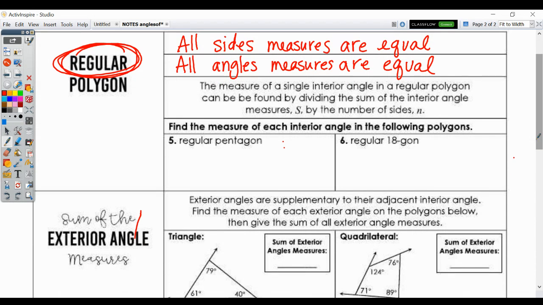Okay? So it wants me to find the measure of each angle in these polygons. The first one it tells me is a regular pentagon. Well, I can do the chart, or I can look at the chart, or I can do it with the formula. I need to find out how many total are going to be inside of the pentagon. So if this is a pentagon, I want to know what's the sum of all of the total angles.